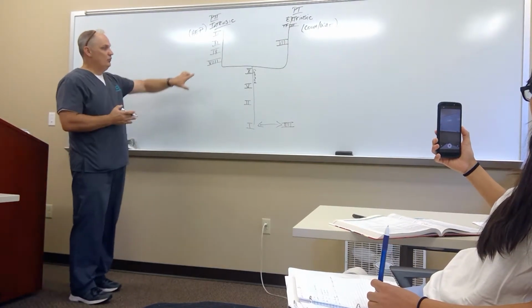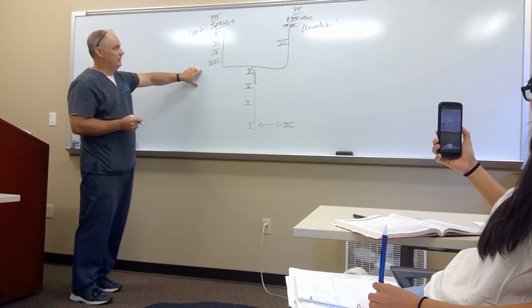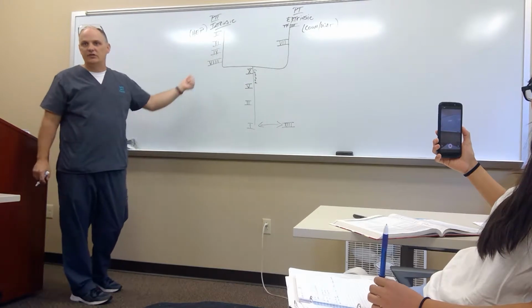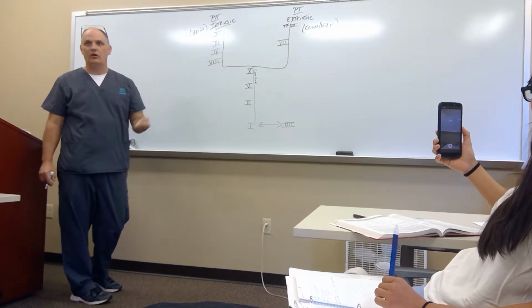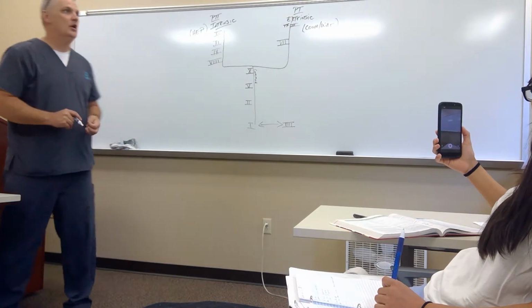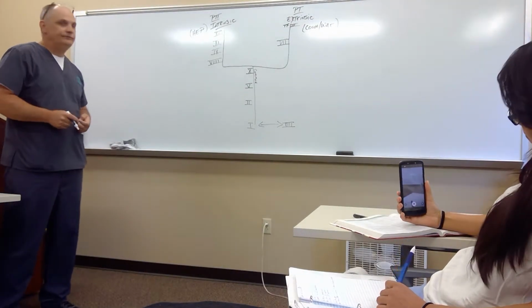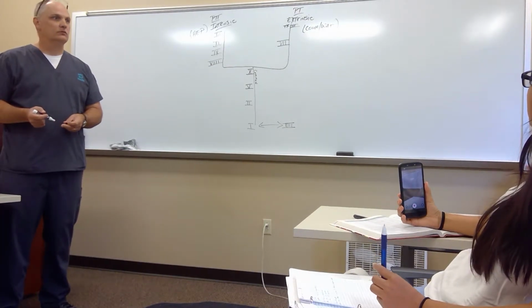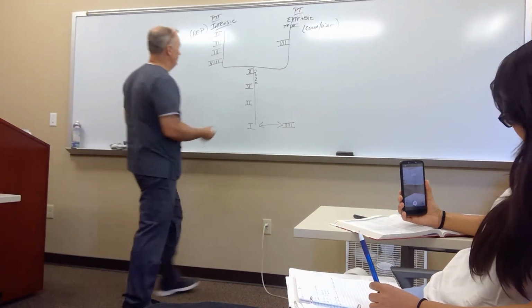So if you draw this on your exam before you start, if you want to do it in your head you can, but this is a surefire way to be able to refer to it. Because there are going to be all kinds of questions on the test that say, you have a factor 9 deficiency, which test will be elevated. Do you know that calcium is on the table? That's 4.